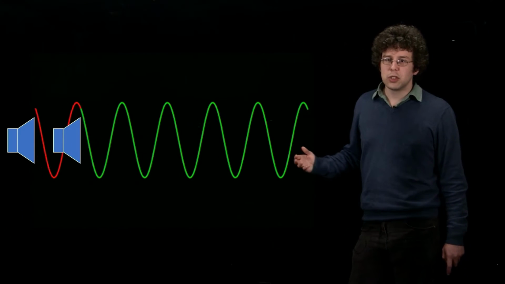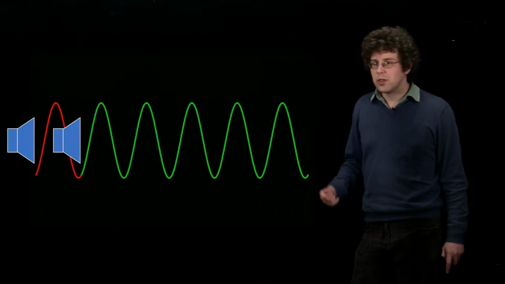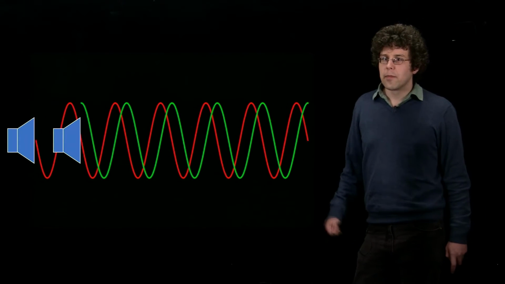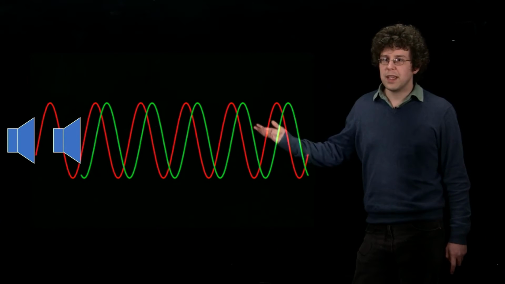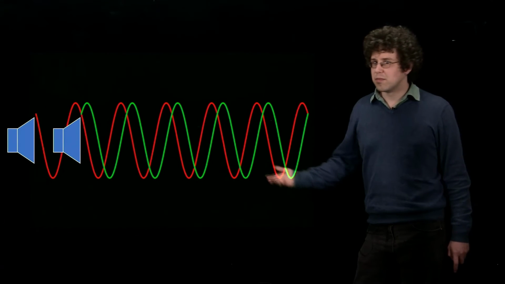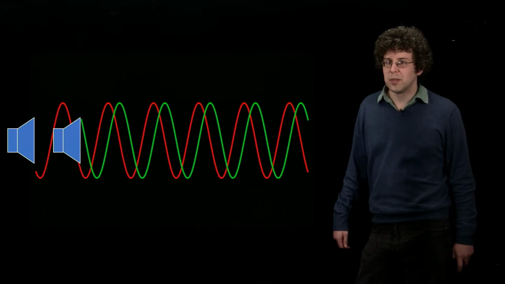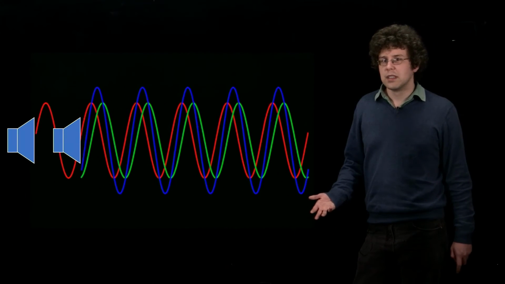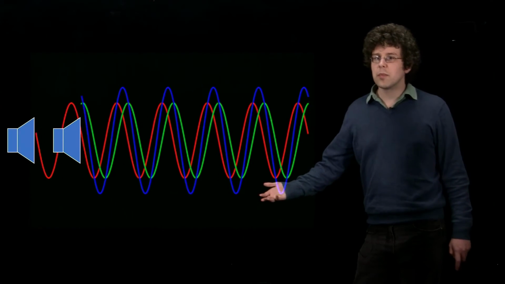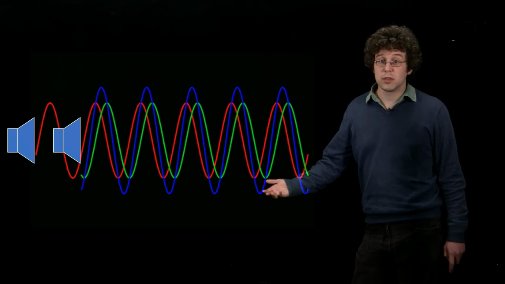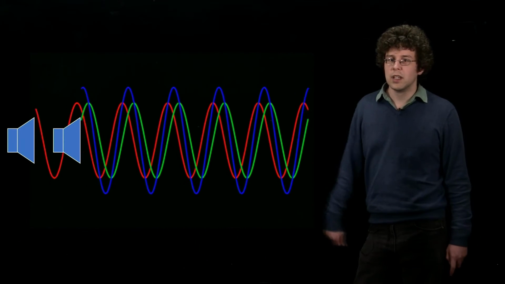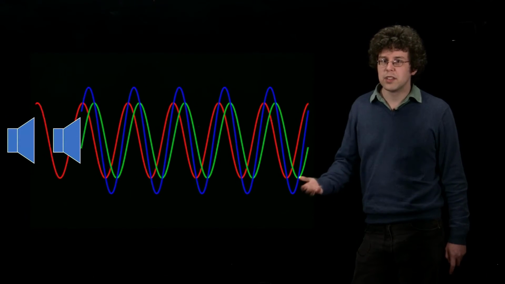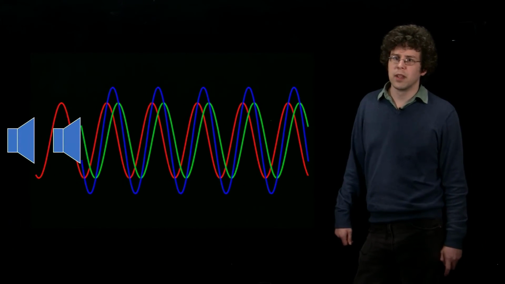If we now change the output of speaker 2 so it's not quite in phase, so here, when speaker 1 has a peak, speaker 2 is somewhere in the middle, and we add these two together, the end result is not perfectly destructive, well, it's hardly destructive at all, it's actually a bit bigger, but it's not perfectly constructive either. We don't get that double our amplitude that we'd like.